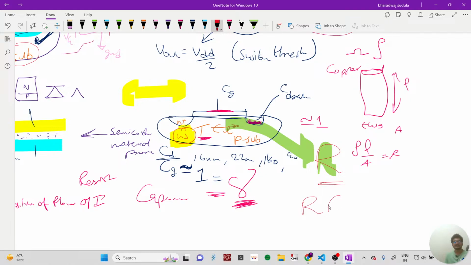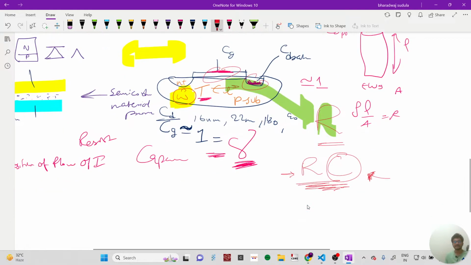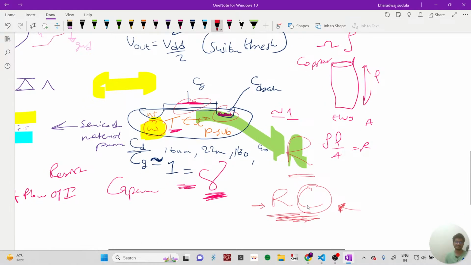At the end we'll get the RC. C also depends on the diffusion and gate thickness, right? So RC extraction is really important, and it's a difficult job, but that hard work can be reduced by using some mathematical probabilistic methodologies. We can arrive at some approximate values, that is RC extraction.